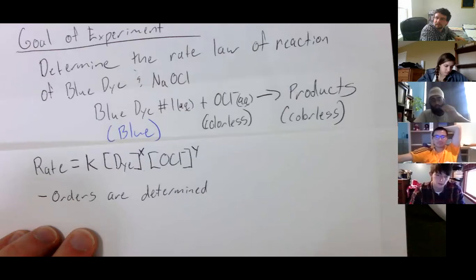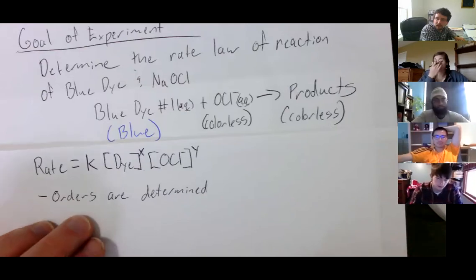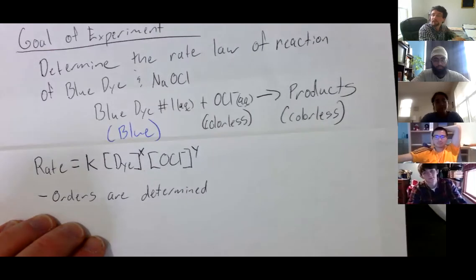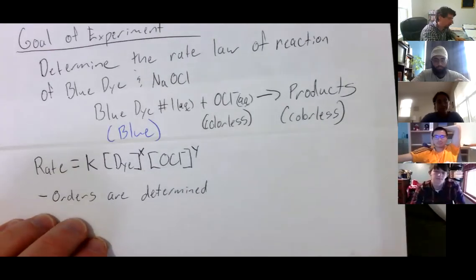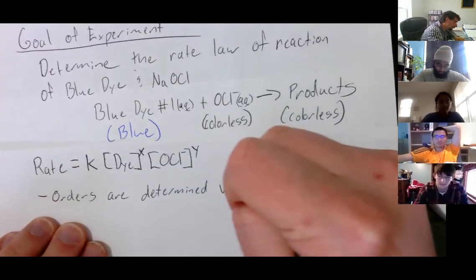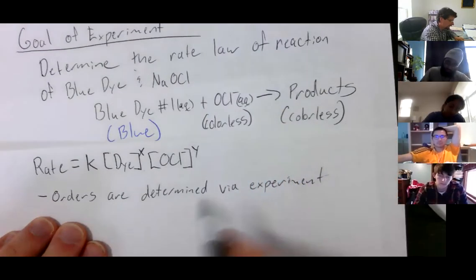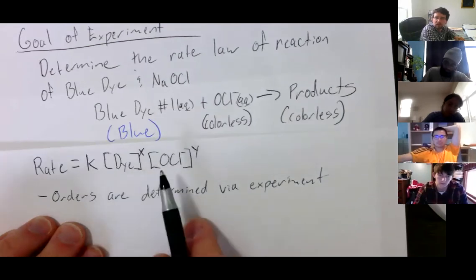Graphing out the reactants and products. Yeah. So where are we getting that stuff from? Data. Yeah, data. You actually have to do an experiment to figure out these orders. So they're determined via experiment. And that's truly the only way you can find this rate law.